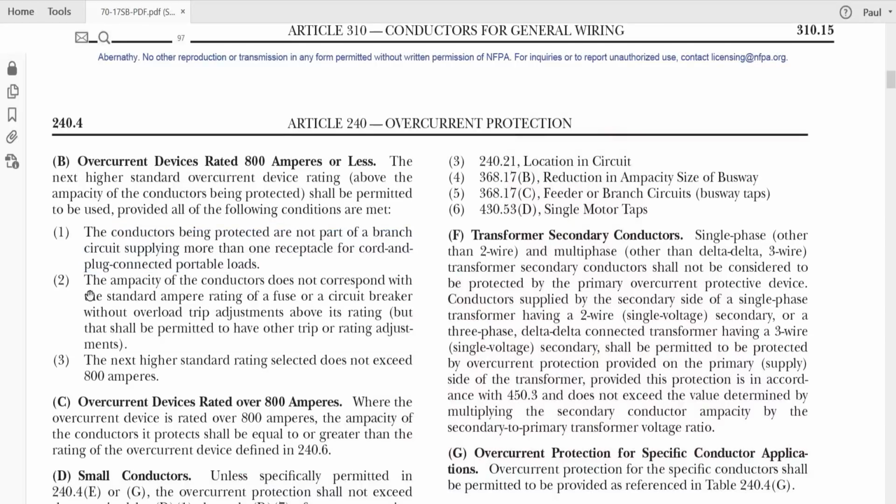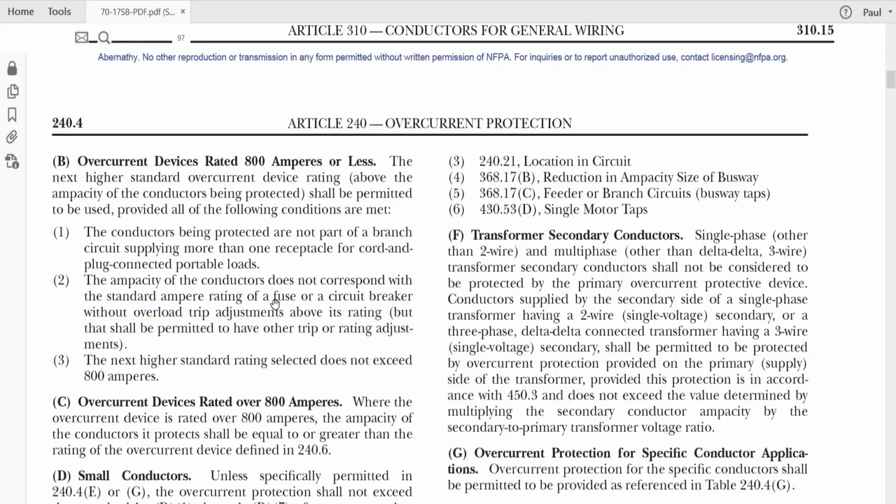Number 2 says I'll let you use this next size up rule as long as the overcurrent device isn't over 800 amperes. If the ampacity of conductors does not correspond with the standard ampere rating of the fuse or circuit breaker without overload trip adjustments above its rating, then I'll let you go to the next size up. Other trip or rating adjustments are permitted.